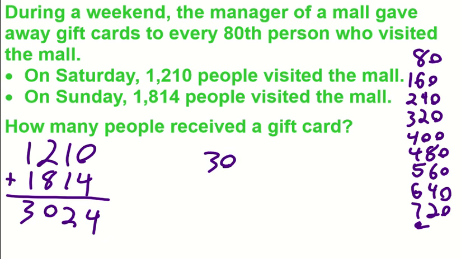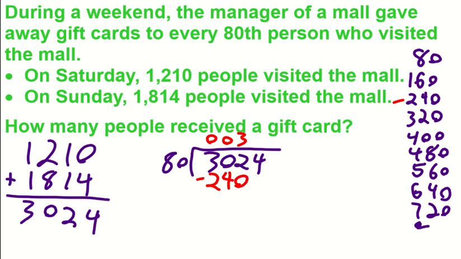So you do your 3,024 divided by 80. 80 doesn't go into 3, doesn't go into 30. 80 goes into 302 3 times. 3 times 80 is 240. So when we subtract, we get 62. We bring down the 4, 624.